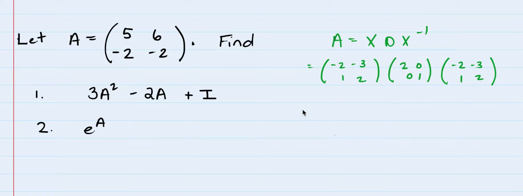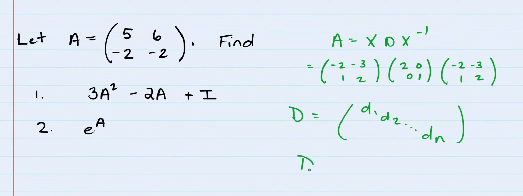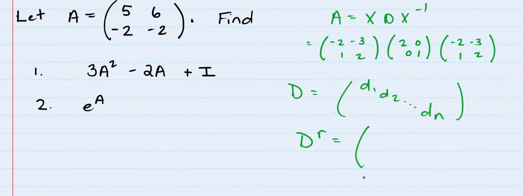And notice that if I have a diagonal matrix D, which looks something like this, and I raise it to a power r, then all I have to do is raise the diagonal entries to the power r.